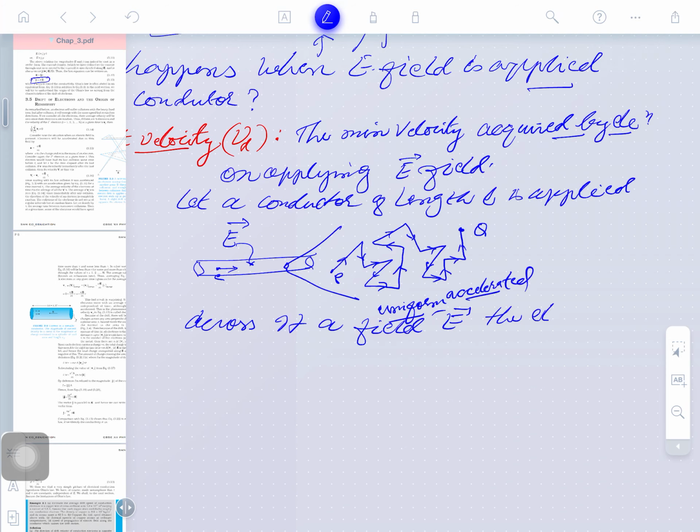The electron, a charged particle, starts drifting with a velocity.